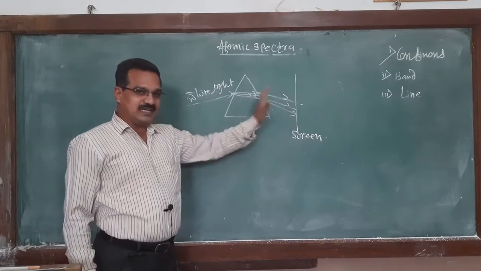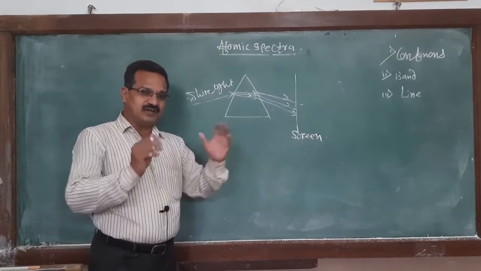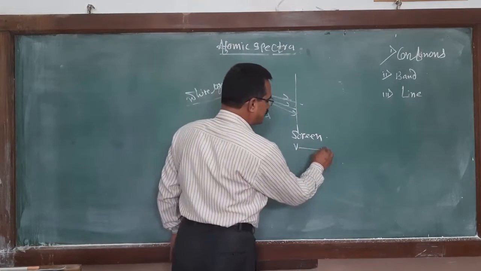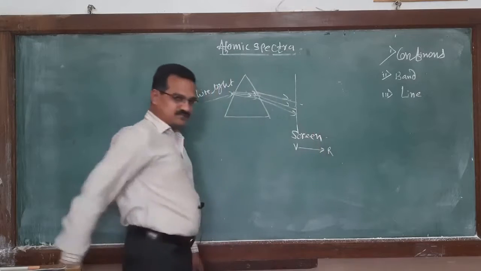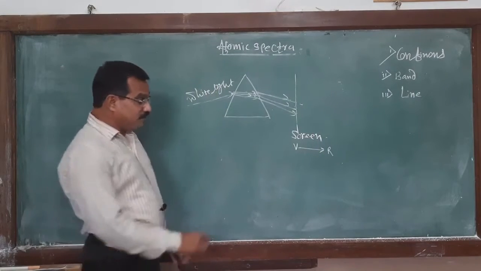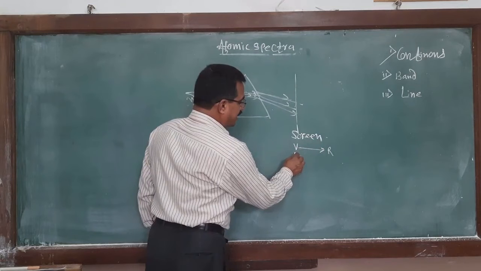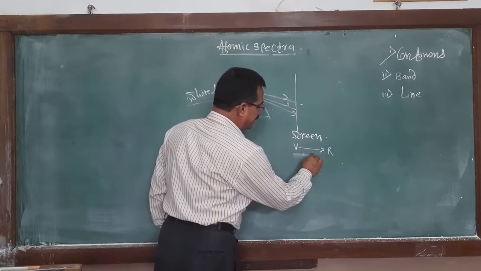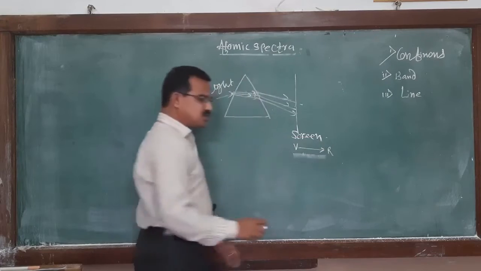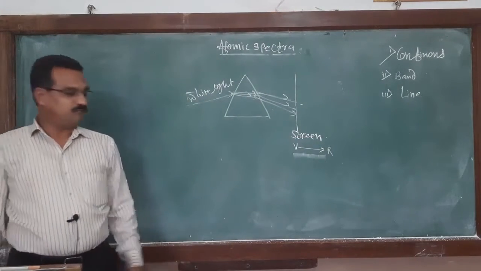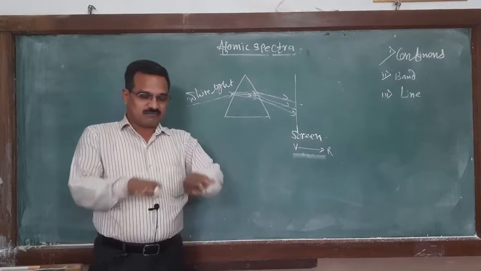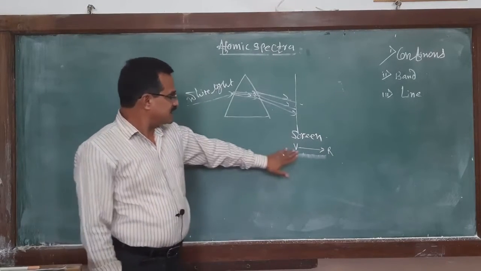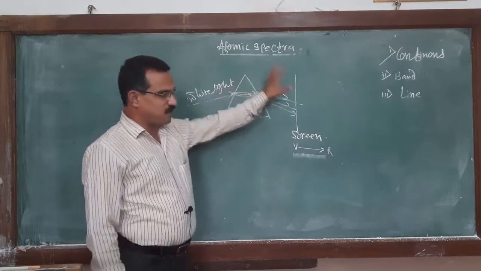This spectrum contains different colors, from violet to red. But remember, suppose this is a violet color, then there is the next color, and again a next color. There is no gap between these colors. One color is merged into the other. And that's why we call it a continuous spectrum.